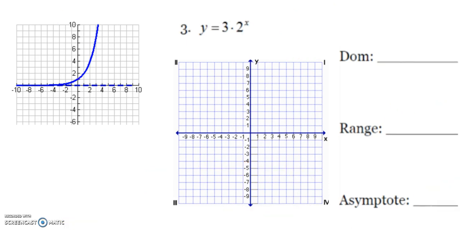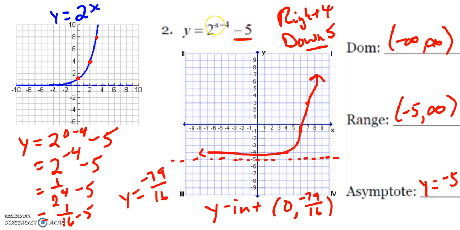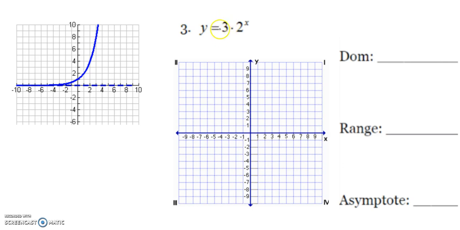All right, I would like you to go ahead and try this problem, but I'll give you a little hint here. So if I have the 3 outside there, that's going to have an effect just like the negative 5 in our other problem was not attached to the x, it was outside of that, so it affected the y's. So we subtracted all of our y's by 5. So in this case, I'm going to multiply all of my y's by 3.